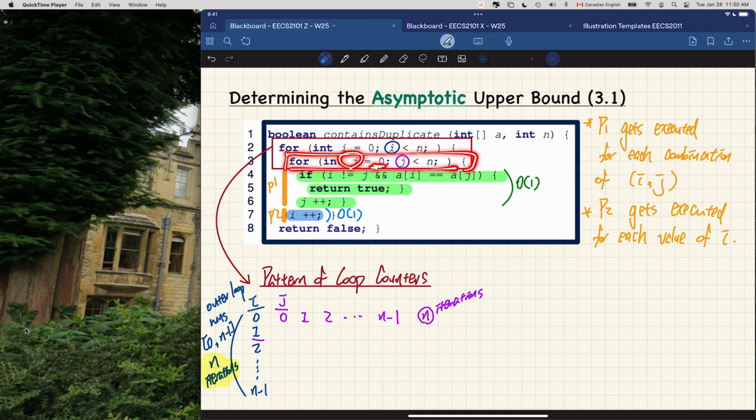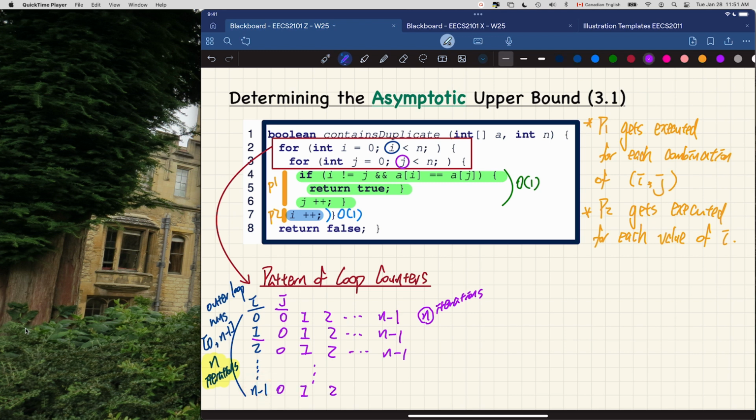That's something we'll see later. So when i is equal to 1, it will also be from 0, 1, 2, all the way to n minus 1. And continue. What about the last possible value for i? Also the same. So it'll be 0, 1, 2, all the way to n minus 1.